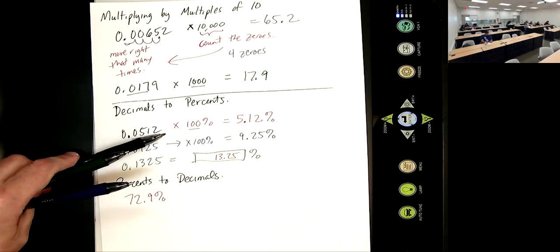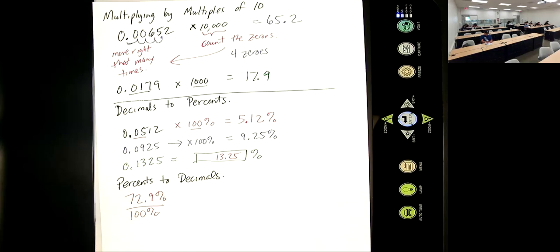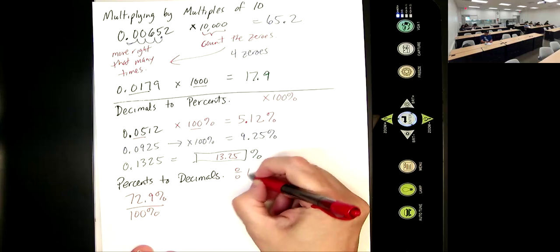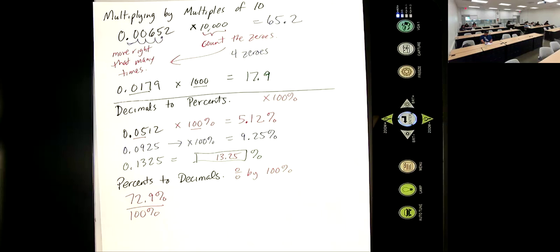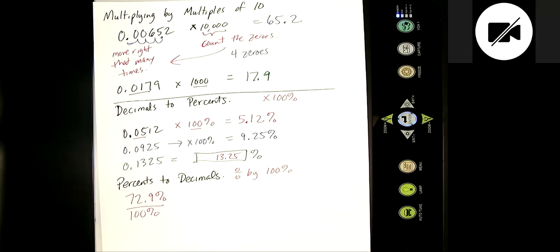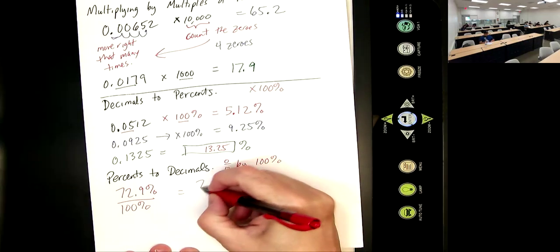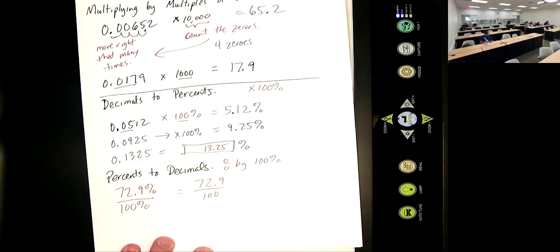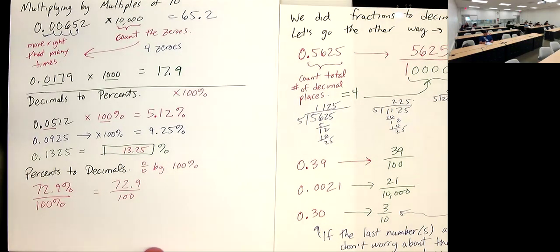To get out of being a percent, we divide by 100%. The percents cancel out, you've got 72.9 over 100. But if you remember how we were moving the decimal stuff here to make them into fractions, it goes the other way.